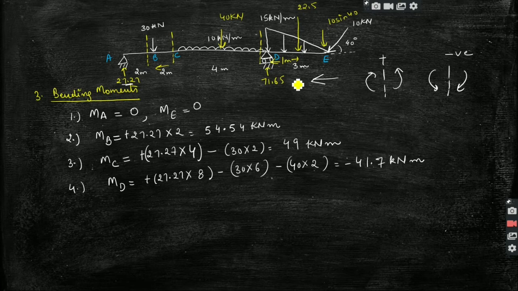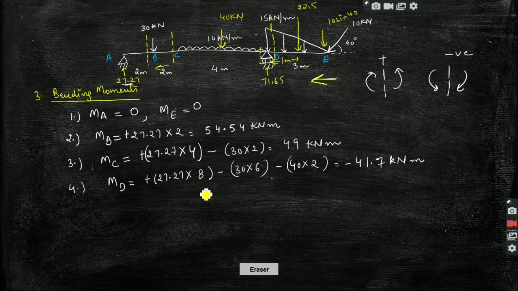So what I'm trying to say is, now instead of making the section at the left of D, I will make the section at the right of D and move from this direction, E towards D. I'm writing here "or", so this is an alternate way you can move in.